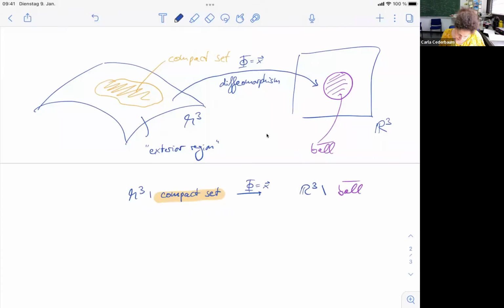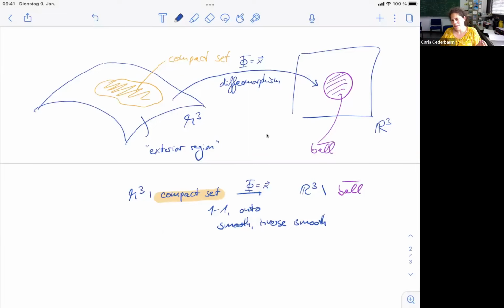So this is bijective, one-to-one and onto, and it's smooth in both directions: it's smooth and its inverse is smooth. Okay. So with such a diffeomorphism, I can identify points on this exterior region of the manifold with points in the exterior region of the ball in R3, and just pretend that all the interesting topology of the manifold is hidden inside this compact set. Now I'm just talking about points in the exterior of some ball in R3.